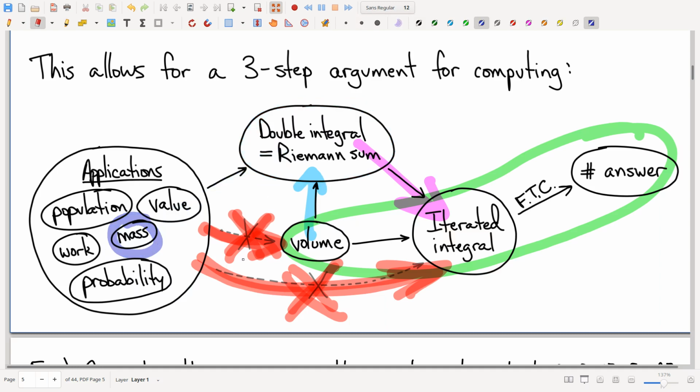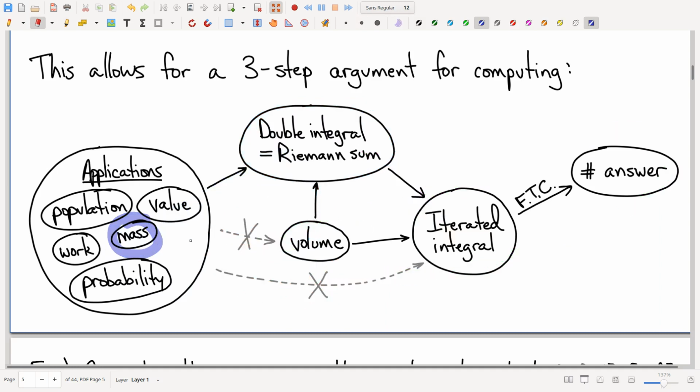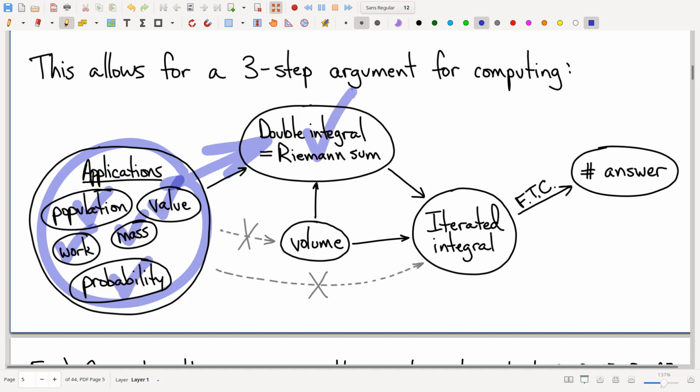So there's a 3-step process with all this in mind. That is how we're going to compute answers to applications. Step 1, rewrite your application as a double integral. The whole is the sum of the parts. Any application, any accumulating quantity, anything where the whole really is the sum of the parts, you can chop it up, add it up.